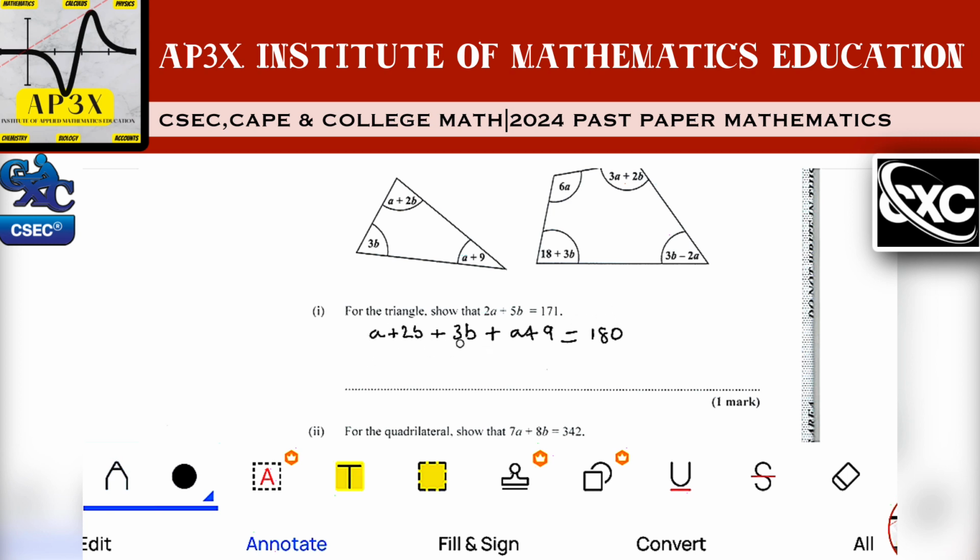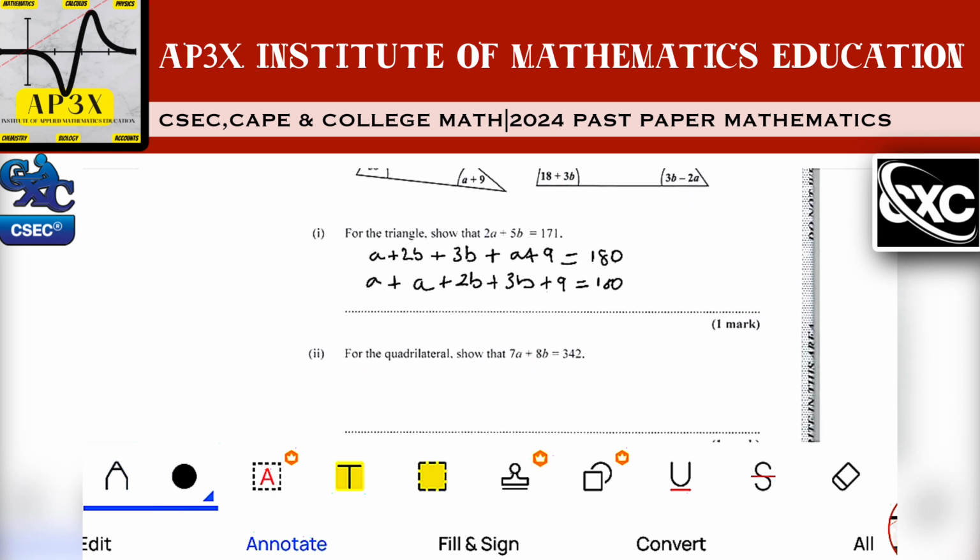Now if we group like terms, we have a, and then we add the a over here, that is the a plus 9. Then we group the b's, so that's 2b plus 3b, plus 9, and we equate that to 180 degrees.